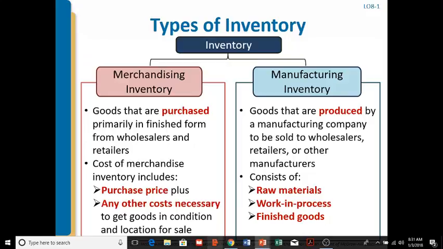For manufacturers, they have manufacturing inventory. Those consist of three categories of inventory: raw materials, work in process, and finished goods. Now, these are goods that are produced by the manufacturing company themselves, and of course they're sold to retailers, wholesalers, possibly other manufacturers.